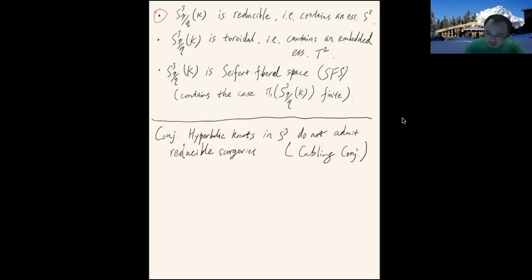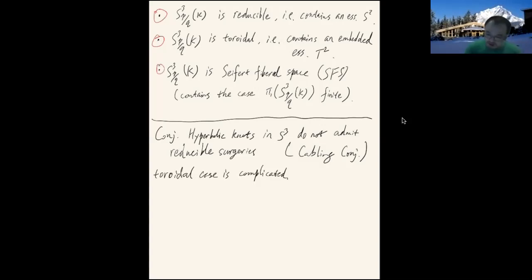For the second case, the toroidal case is more complicated. Probably there's no good conjecture about toroidal surgery. When I say it's probably impossible to classify all exceptional dense surgeries, I mainly mean that it's probably impossible to classify all toroidal surgeries.